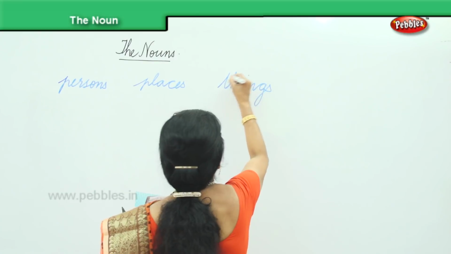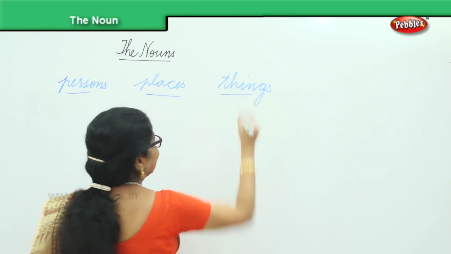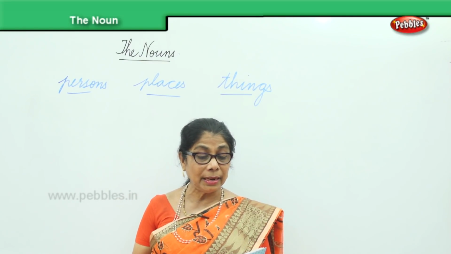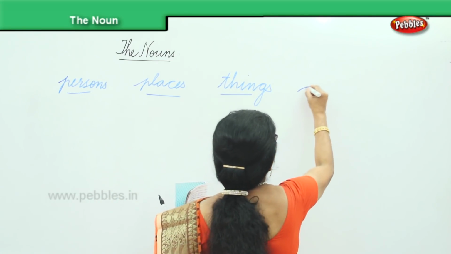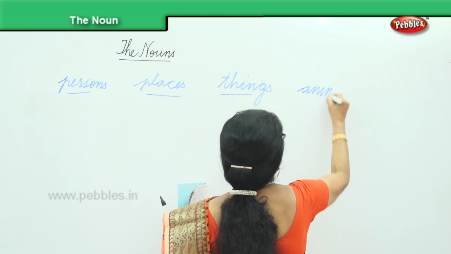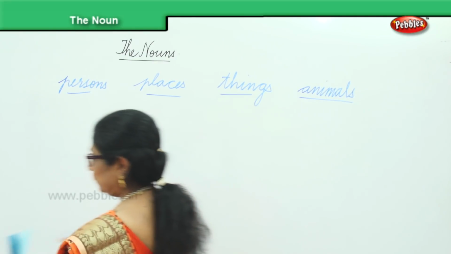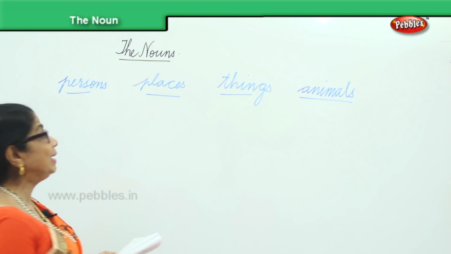Now, we'll have persons, places, things. All these are noun. Person, places, things. We can also include here animals. Now, all these are nouns. What are nouns? Nouns are naming words.